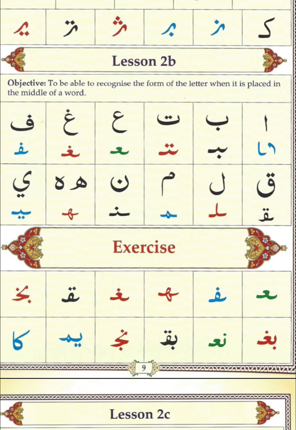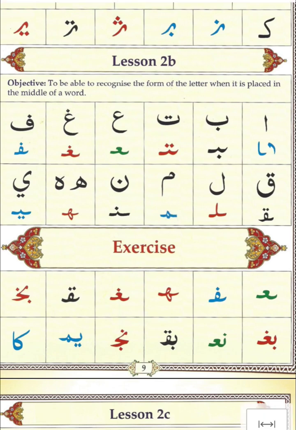So let's read. Alif, alif, ba, ta, ain, ghain, fa. Next line. Qaf, lam, mim.